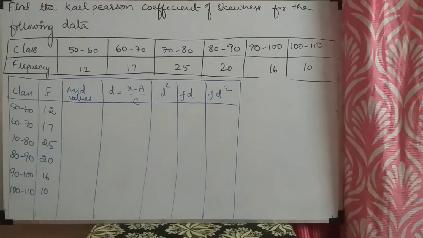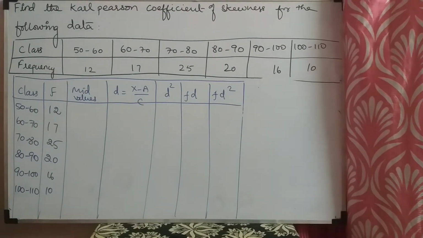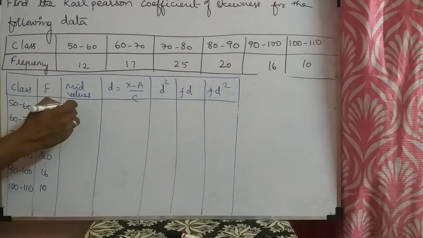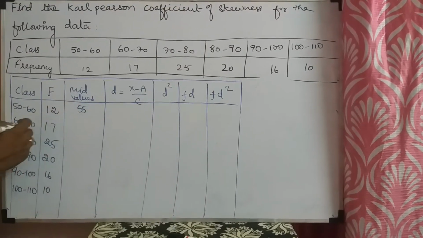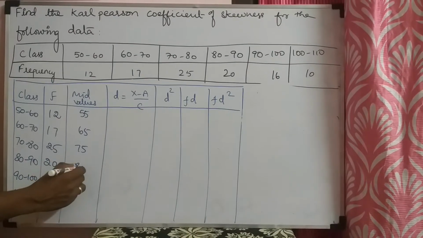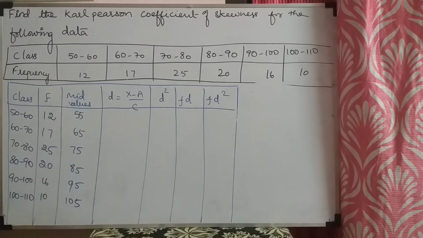Now the mid values. We know we add these two and divide by 2: 50 plus 60 is 110, divided by 2 is 55, that is the mid value. Next 65, obviously the next one is 75, and then 85, 95, 105. So clear.